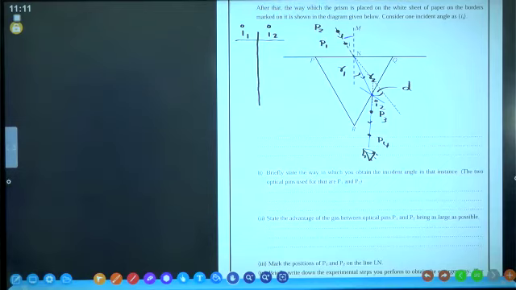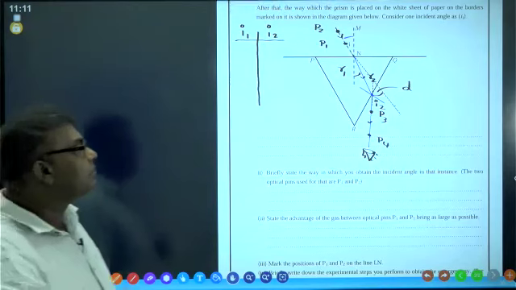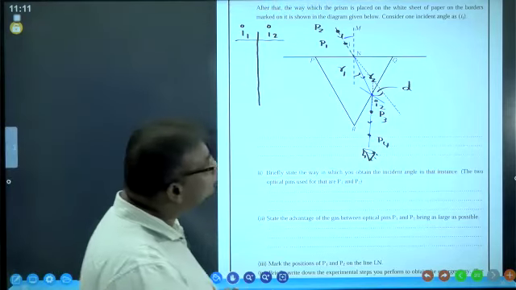Then complete the lines of P1, P2 and P3, P4.